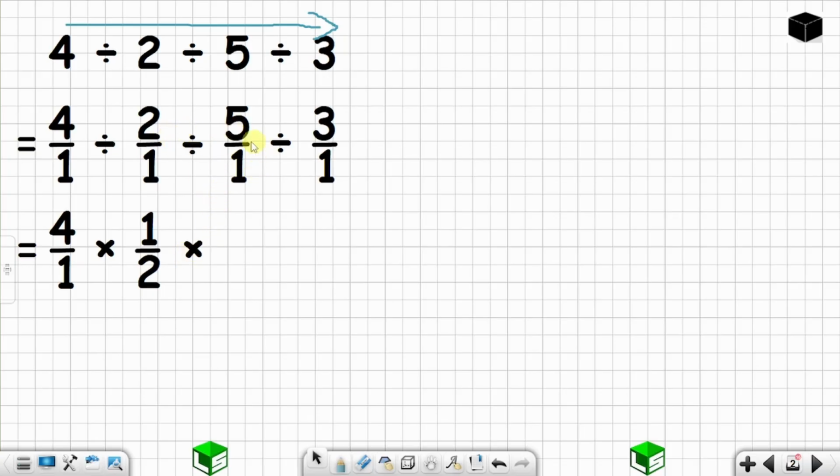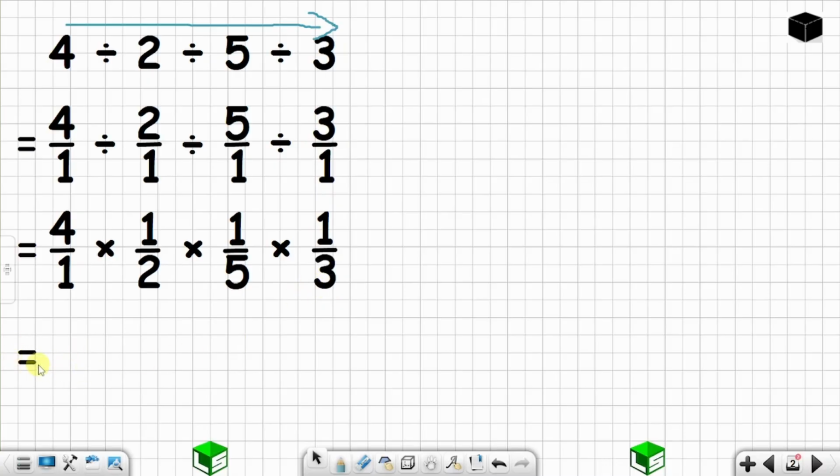You flip the following fraction, times 1 over 5. You change division into multiplication. You flip the following fraction, times 1 over 3.